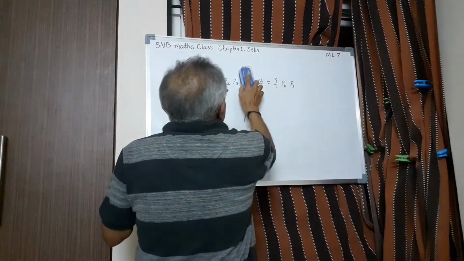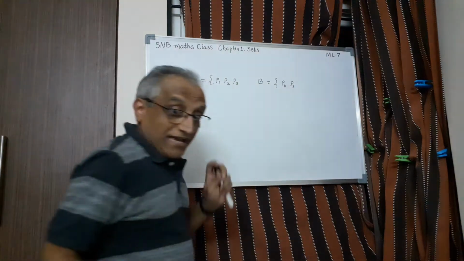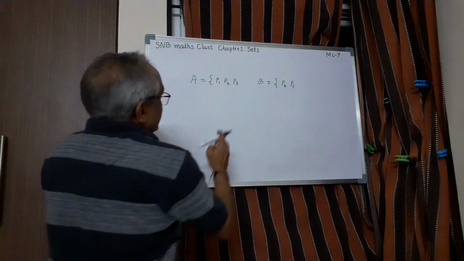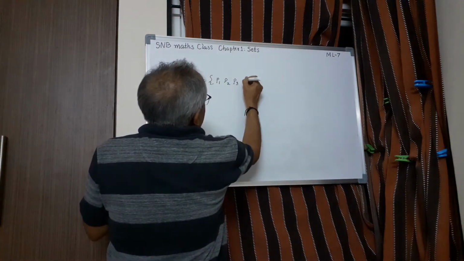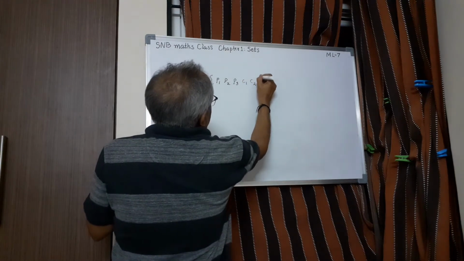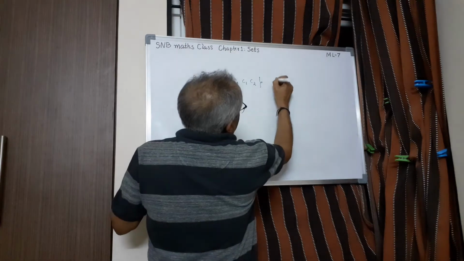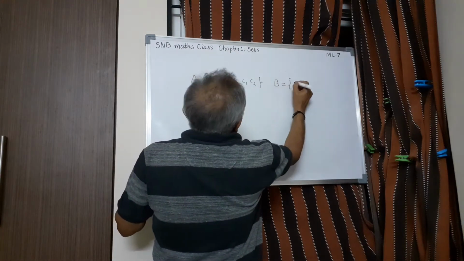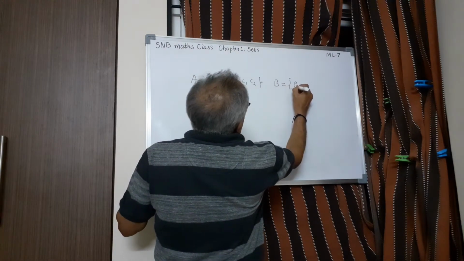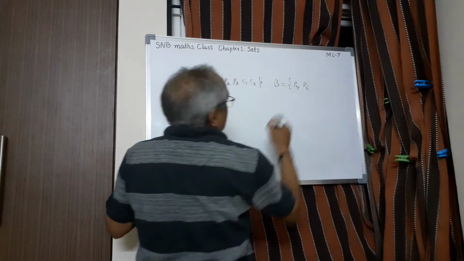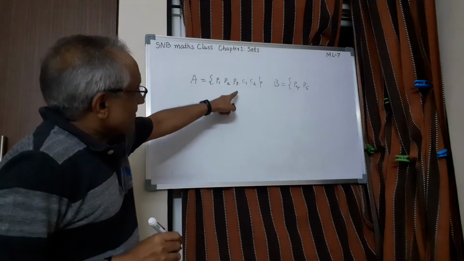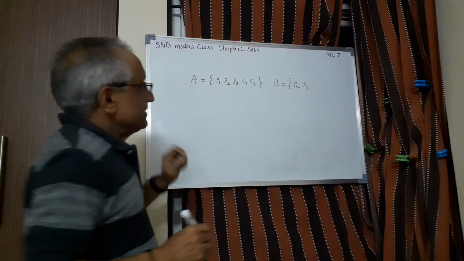Suppose you have two calculators. Let us say C1 and C2 are the two calculators we are using. And the same thing for B, your brother or sister: P4, P5 are the two pens. And the same calculators are used by B also.